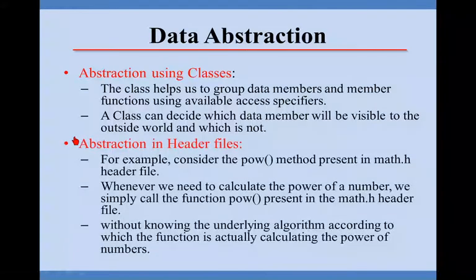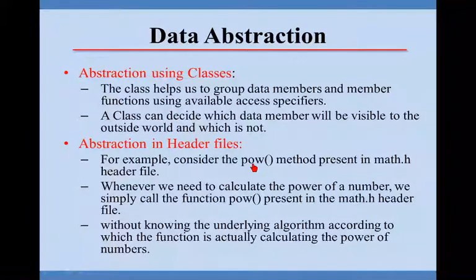Now, abstraction in header files: how does it give you the abstract view? For example, consider the power function in math.h. I am not aware of how this power function is written within math.h, or what other functions are available in it. I am interested only in power; how many lines it has and how many variables it uses, I am not aware of.